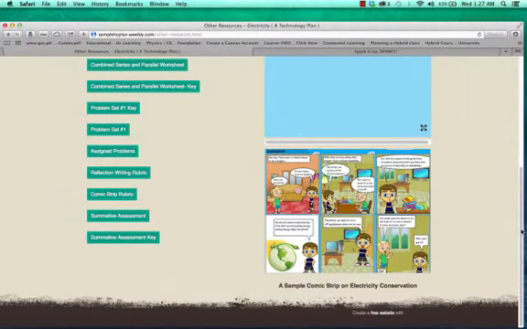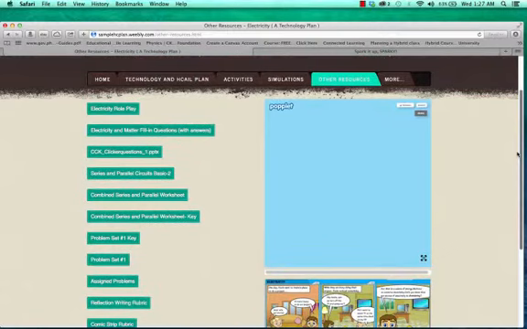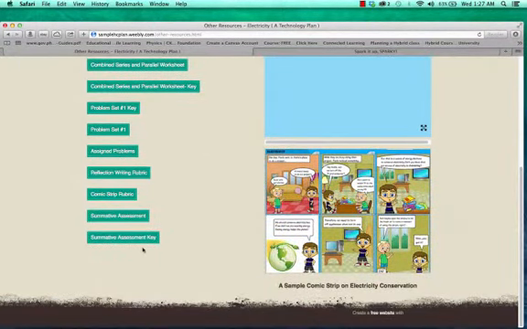As you can see in this link, it has all the other resources needed in the implementation of the unit plan, from the electricity role play in day 1 up to the summative assessment key needed in day 10 or the last day of the unit plan.